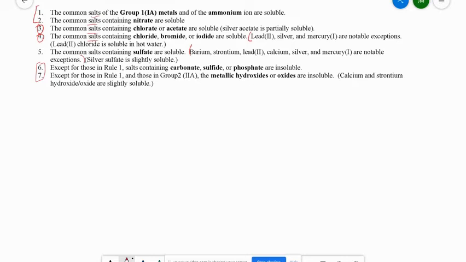And then the last one, right, except for those in Rule 1, and those in Group 2, the metallic hydroxides or oxides are insoluble. So something like iron oxide, also known as rust, right, would be a solid, okay, because it's an oxide and it's not one of these two.